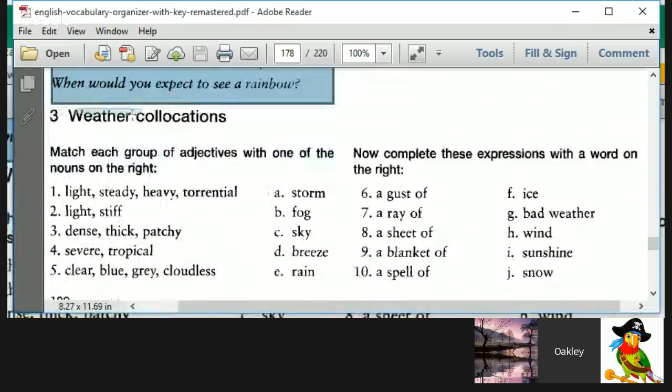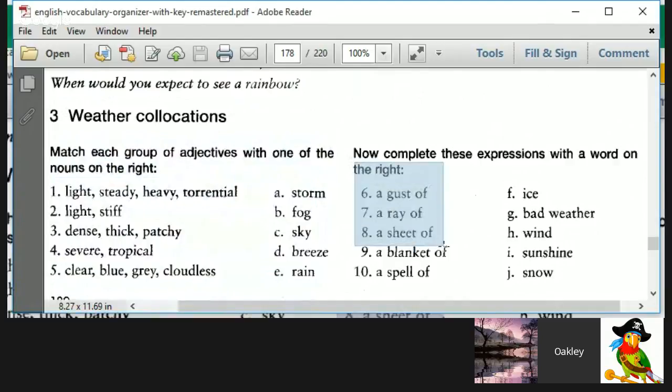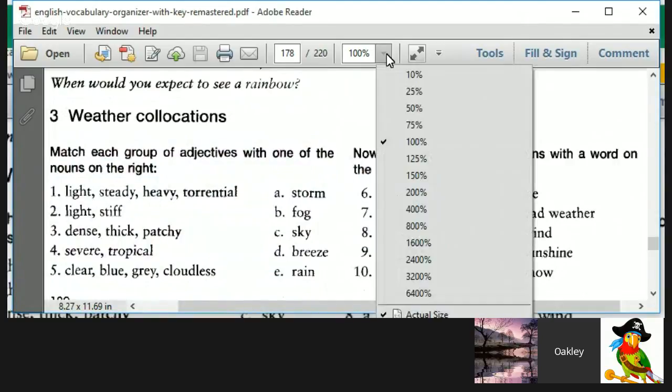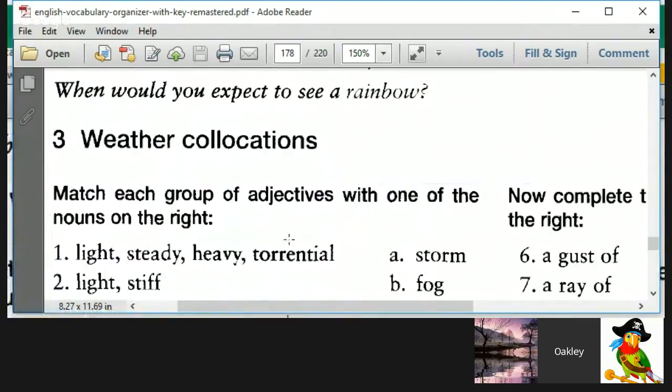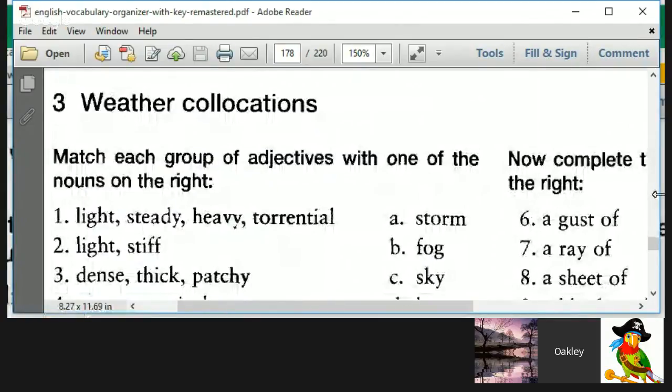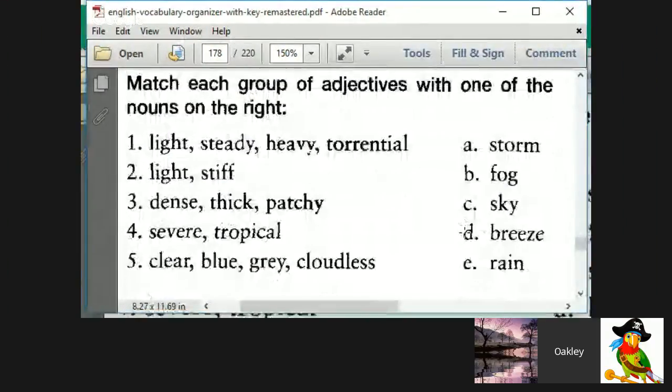Okay, let's look at some more weather collocations, looking at adjectives. First of all, this first set, adjectives and nouns, and then we'll take a look at expressions. But first, let's look at these collocations with adjectives and nouns. Mix and match here. Okay, Sam, number one.